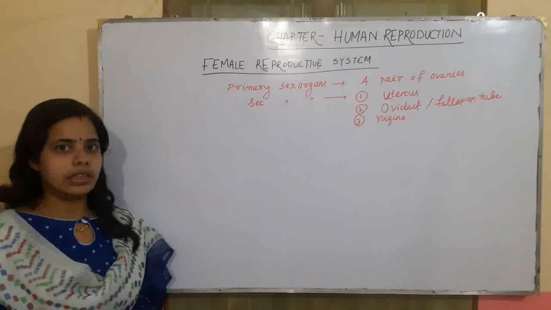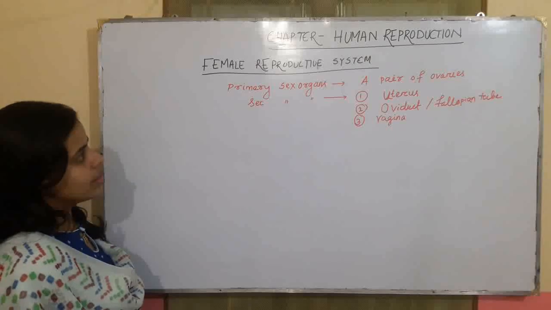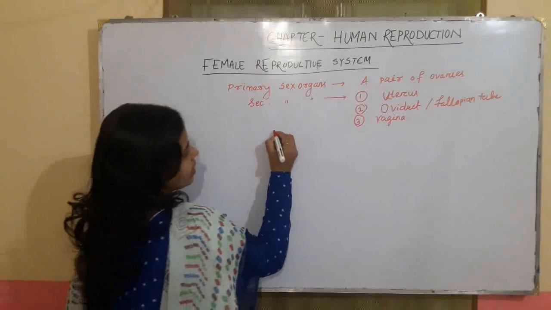So these are the secondary sex organs, and the last one is our accessory glands.